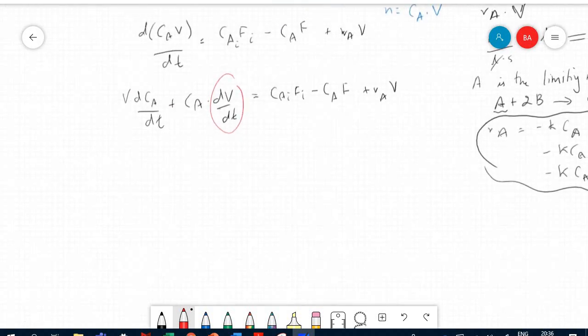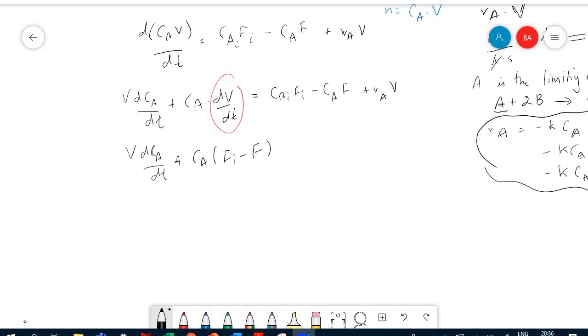Okay, so I'm going to substitute here. So this is going to be V dCA by dt plus CA into FN minus F, is equal to CAN into FN minus CA into F plus RA into V. Beautiful.